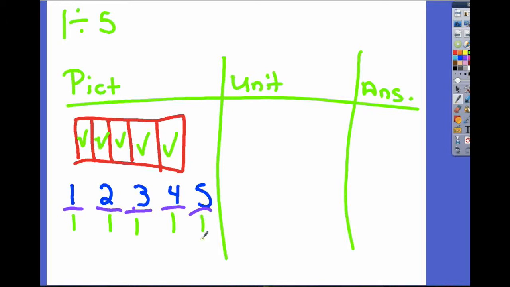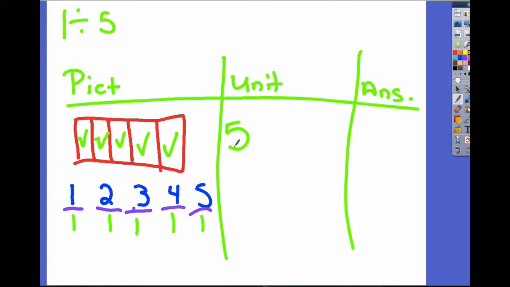So how many total units do we have in this one box? How many total units? 5. Okay, we have 5. And what are those called? Okay, they're units, but these are 5/5 because they're divided into fifths, right?